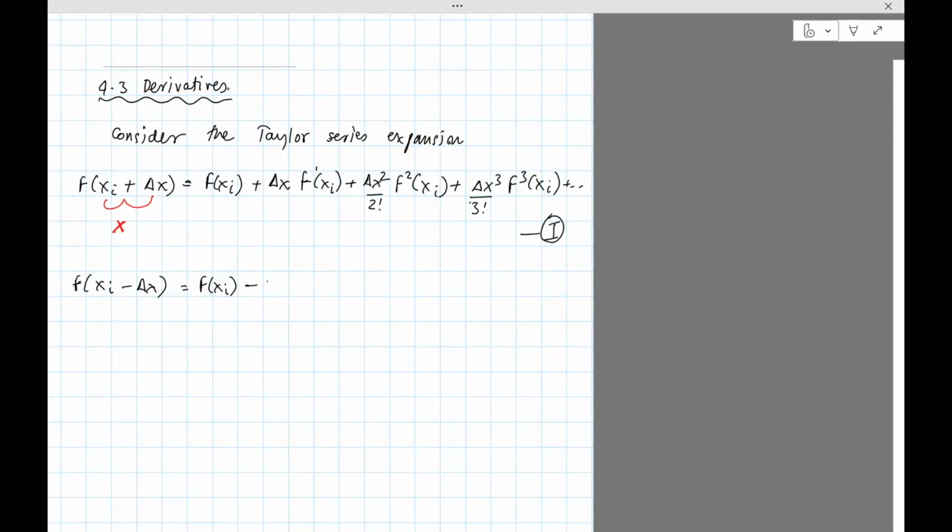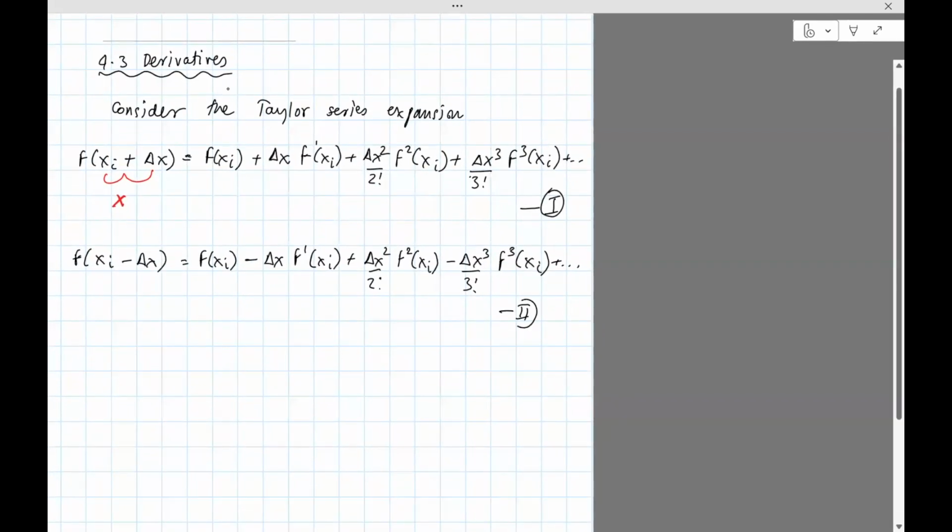So all I do is put delta x with the negative sign, f1 xi plus delta x squared over 2 factorial f2 xi, minus delta x cubed over 3 factorial f3 xi plus so on. That would be my equation 2.